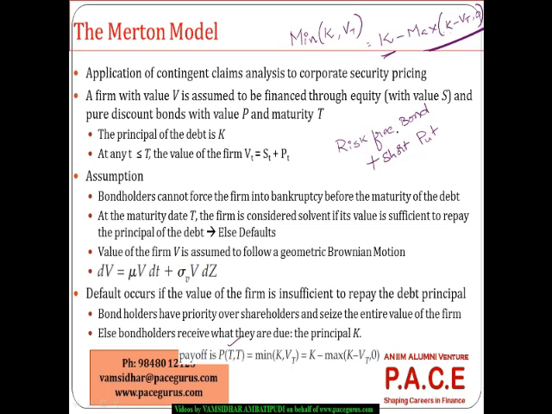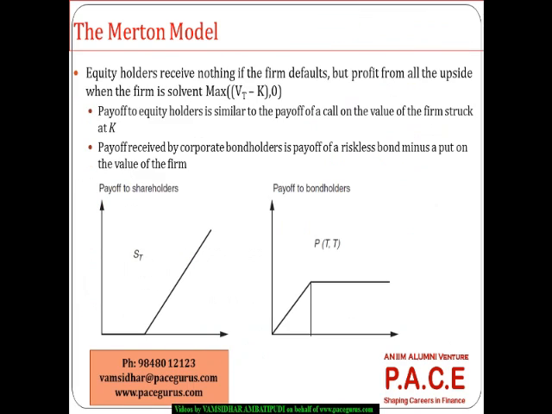So I'm having a risk-free bond plus a short position in the put option on the value of the firm with a strike price equivalent to the value of the debt of a single zero coupon bond. So that is the equivalence of the payoff for a bond investor or for debt.